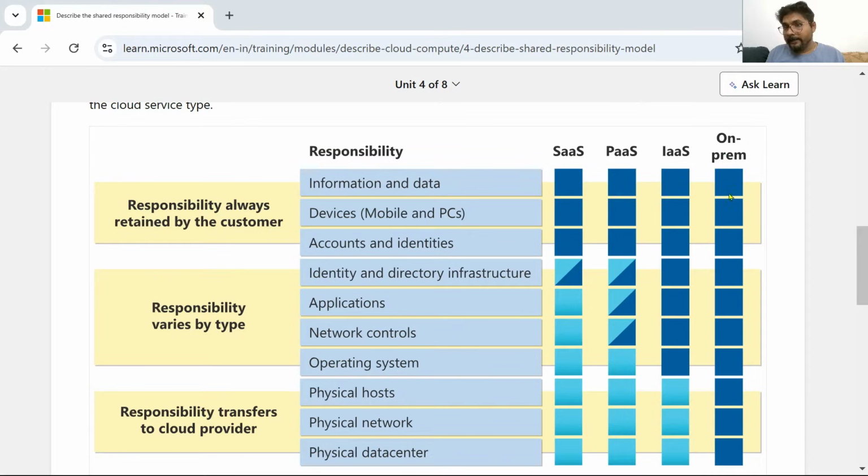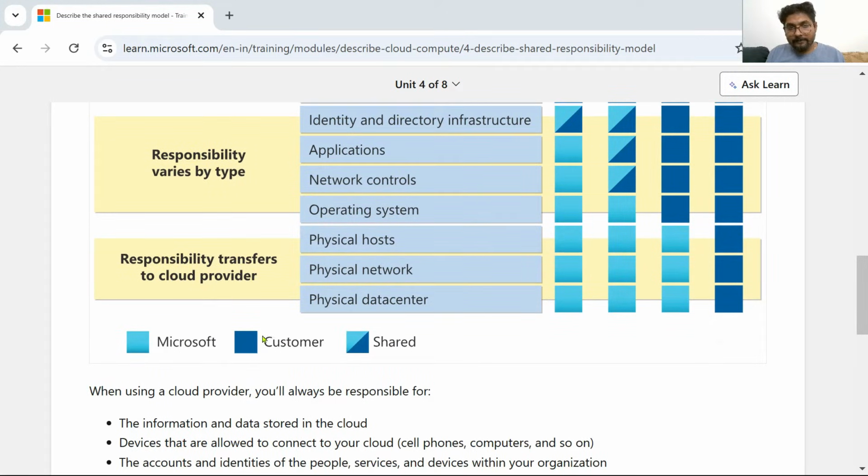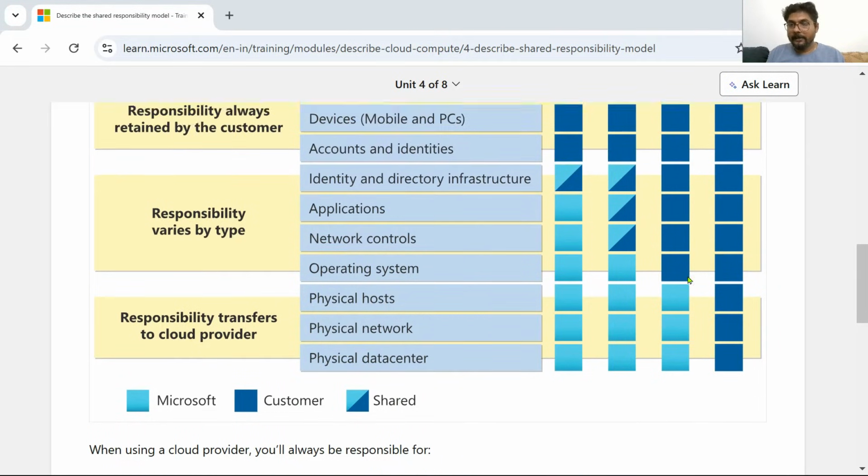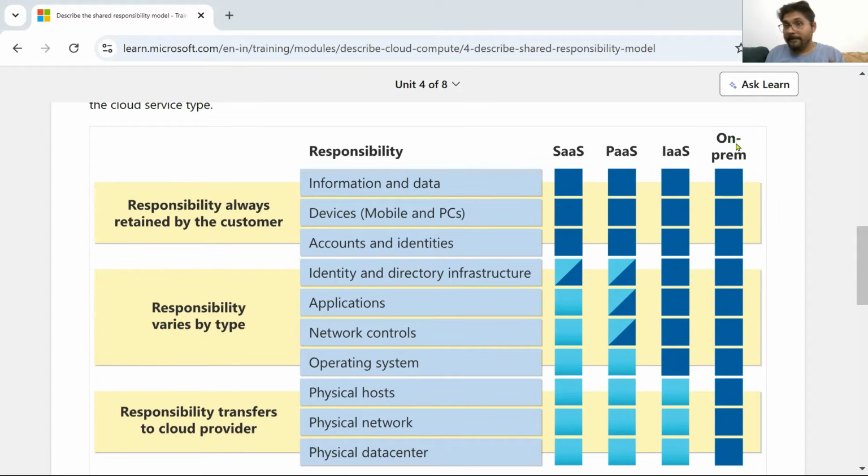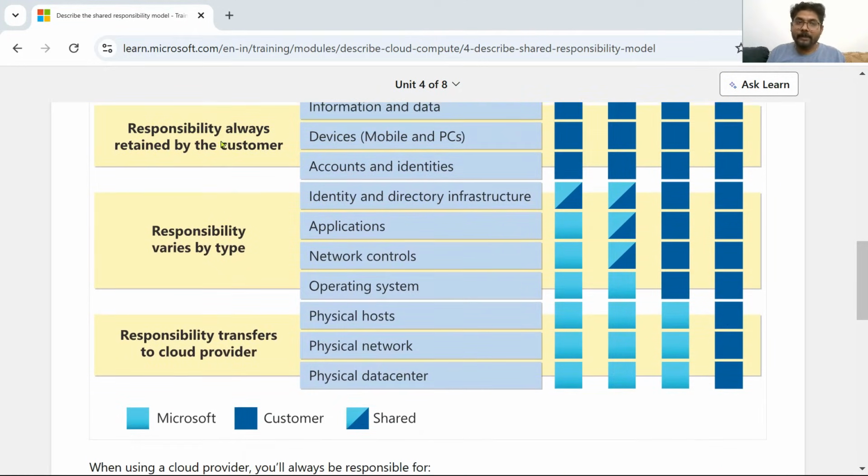Now I am on the Microsoft Learn page. These are the color schemes. For example, this color denotes the customer, this one is for Microsoft, and this one is for shared. Now when you have an on-prem data center, you are responsible for everything. There are categories: responsibility always retained by the customer, responsibility varies by type, and responsibility transferred to the cloud provider. For example, physical host, physical network, physical data center, you are responsible as a consumer.